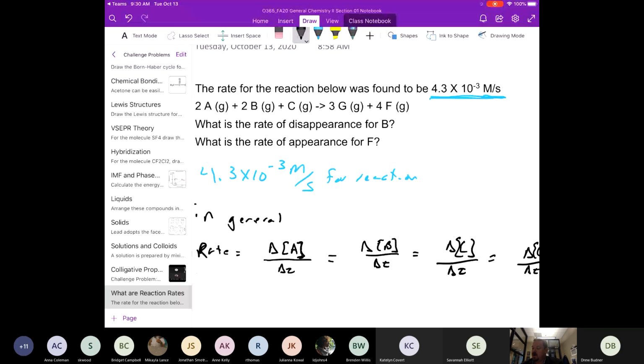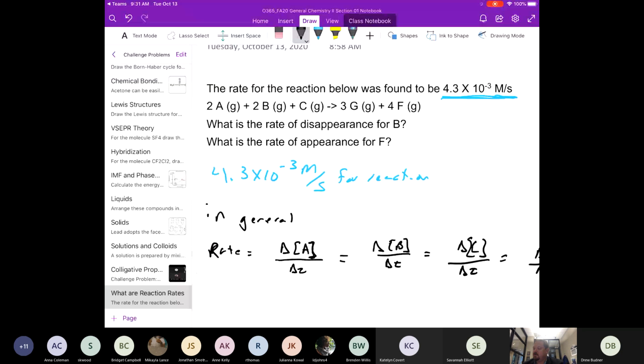And in general, what we're going to see is that we can talk about all of these reactants, because their change in concentration is going down. When we calculate this change here, that change is going to be a negative number. And in these rates, we don't talk about a negative rate.